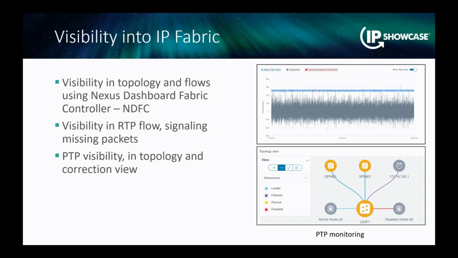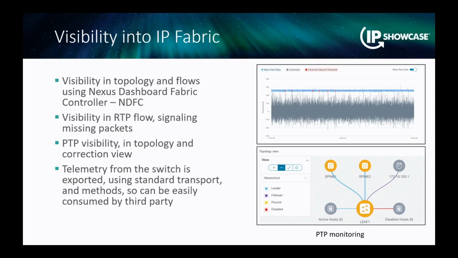And on the bottom diagram, you see a topology with the active sender roles in the fabric, master or slave, and if there is a grandmaster in the system, it's visualized there. So you have a clear picture of what's going on in the topology, as well as how a particular device performs when it comes to PTP.